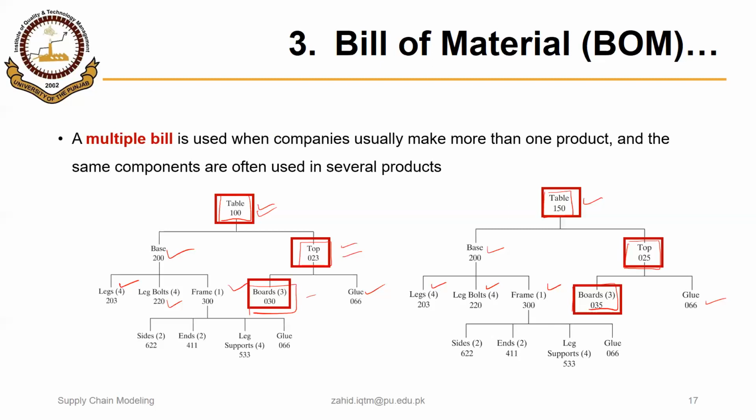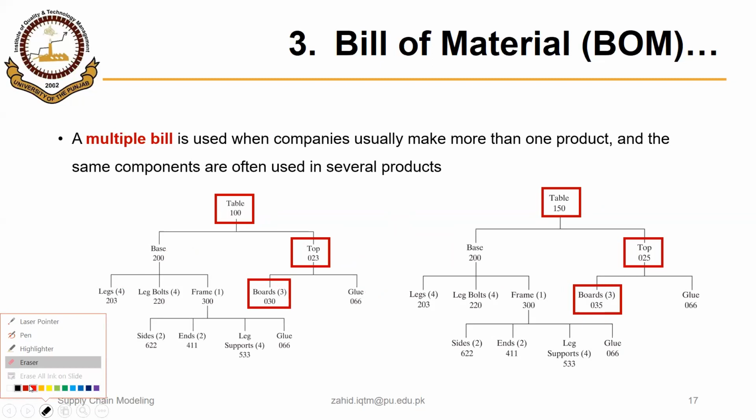But let's take a very simple example. Suppose we change the design of this first table, or you can say we make a new variant of this design. Table 100 has a top 023 and this has a top 025. Let's suppose we make a new design of the top of the table and assign it a code 027. If we make changes to this design, then we will have to redefine the information of this product in the database.